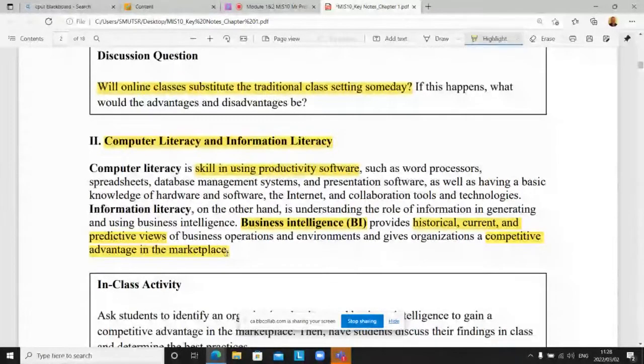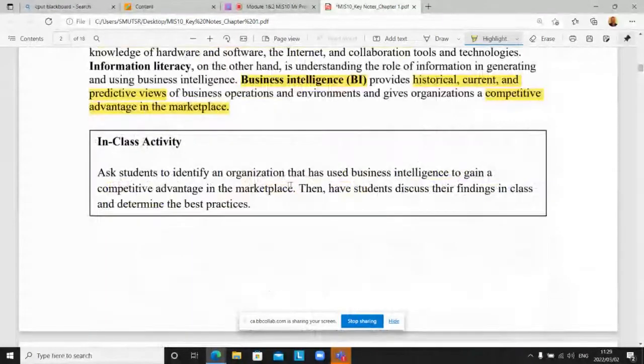And I think the most important of those is predictive views, where you would want to know what's going to happen in the future. Be able to go to your boss and say, listen, next year our gross annual income should be the following if we do the following like we did in the past. And you would be using business intelligence software to help you do that.